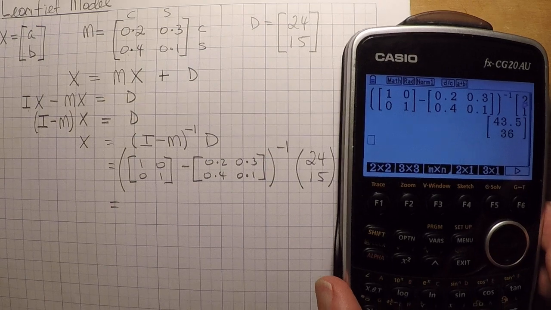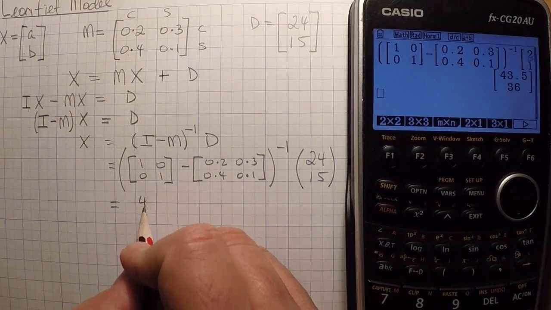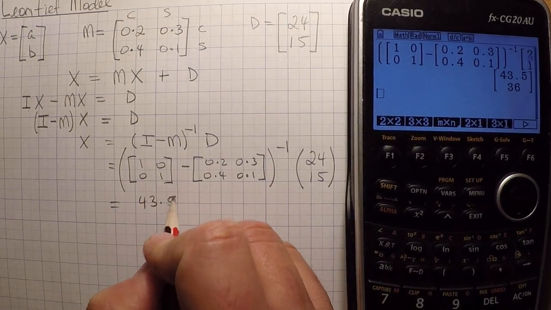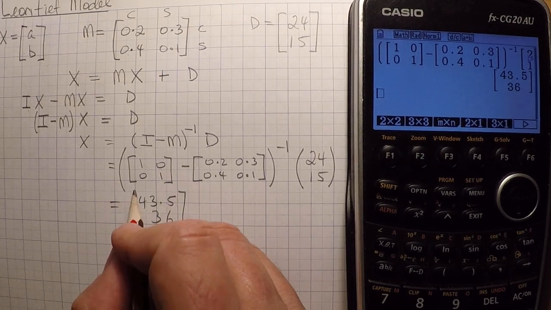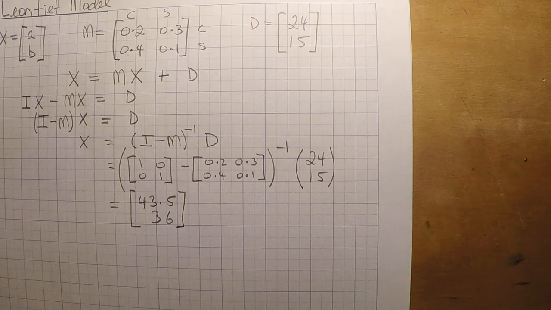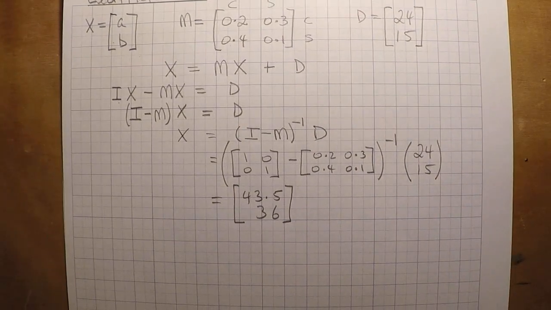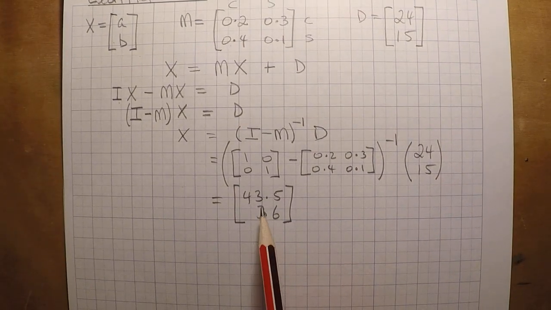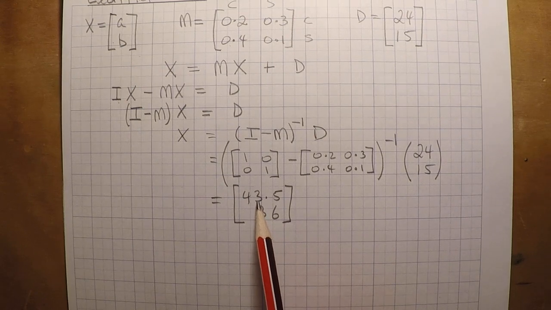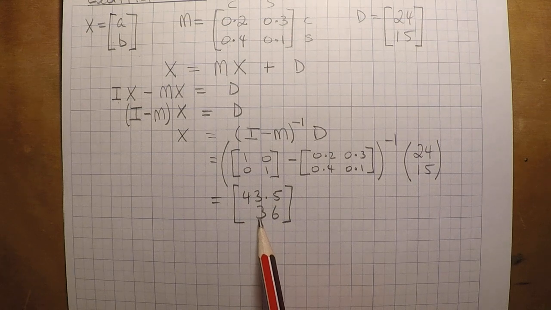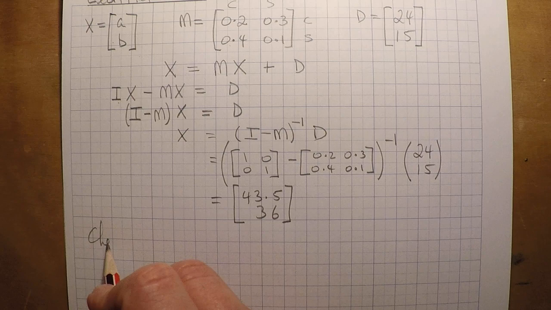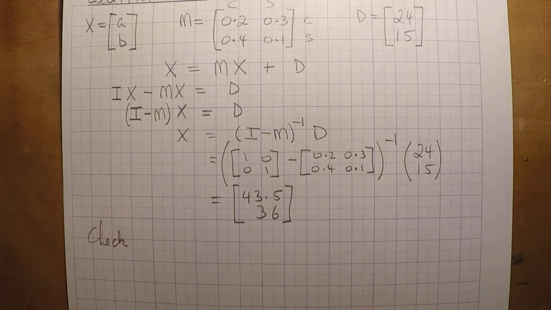And in one go I get the result 43.5, 36. So let's interpret this result. This means that annual production from the coal industry must be 43.5 million and annual production from the steel industry must be 36 million. We should check that this actually satisfies what we set out to do.